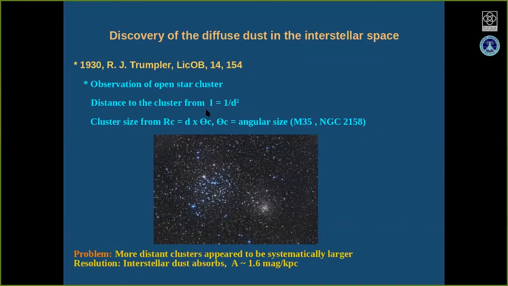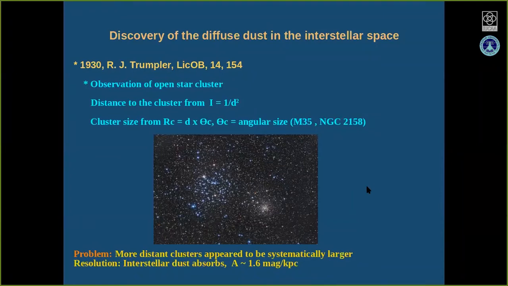We already know intensity is inversely proportional to the square of the distance. From this distance, he tried to find the angular size of the clusters. So the cluster size is equal to D times the angular size of the cluster.